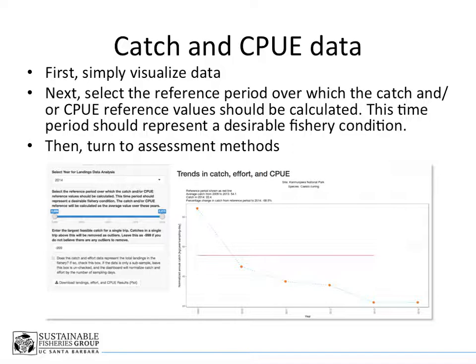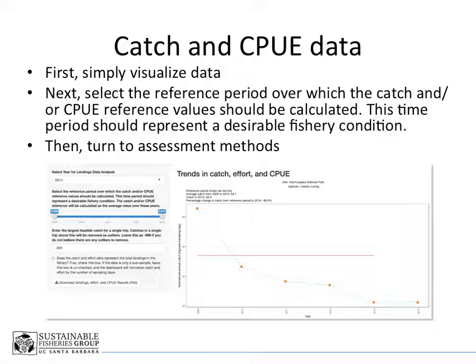Let's turn our attention to the catch and catch per unit effort outputs. So similar to the length data, we first simply visualize the data. Based on the data you upload, it will automatically create some time trends of how your data has been performing over time. We next select a reference period over which the catch and/or catch per unit effort values should be calculated.